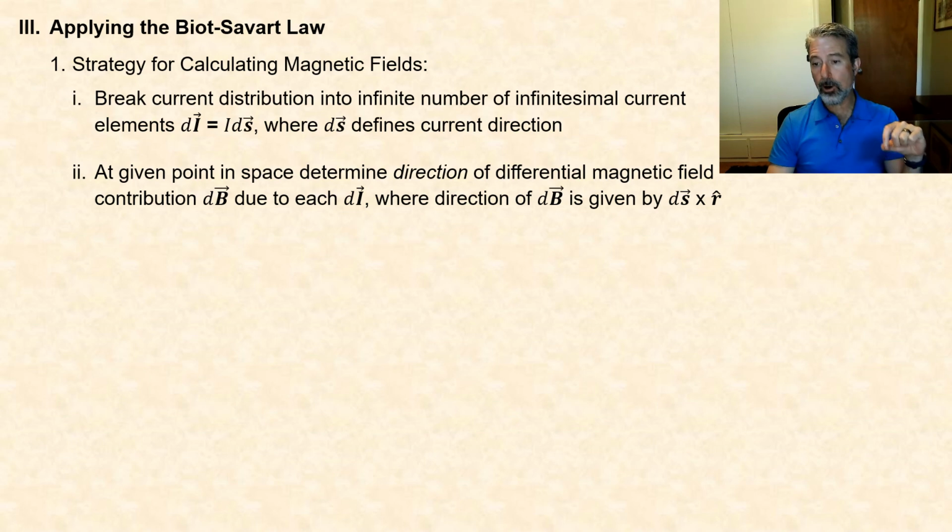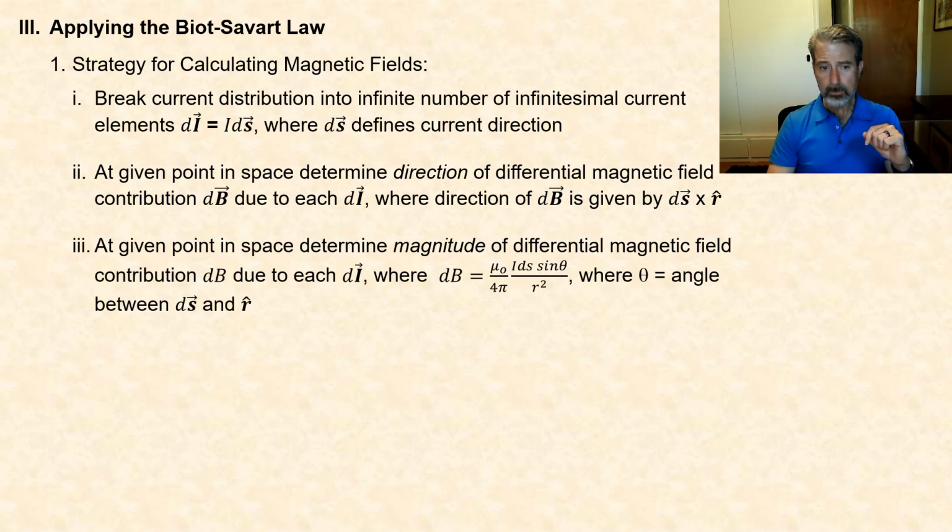We defined r hat when we applied Coulomb's law to figure out the electric field, right? R hat, the unit vector, was directed from the charge element dq towards a field point. In the same way here, r hat is that unit vector that is directed from our current element towards a field point.